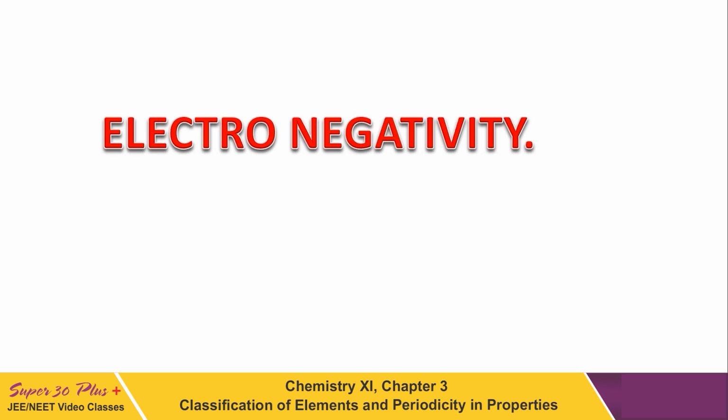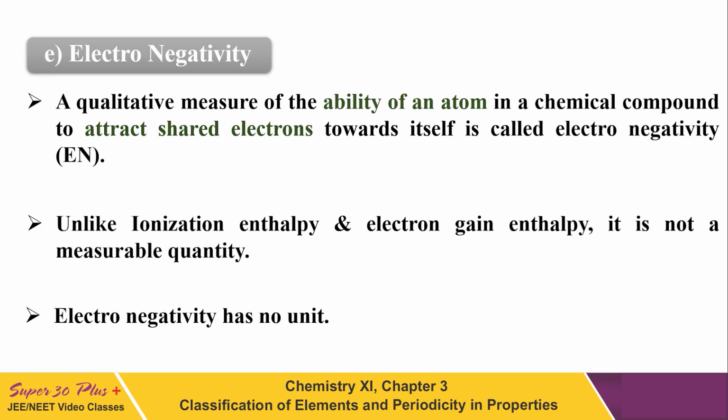Now, next in this chapter, we shall discuss electronegativity. Students, what is electronegativity? Electronegativity is the tendency. You know what a covalent bond is? If I ask you what a covalent bond is, you all must know that a covalent bond is simply sharing of electrons.